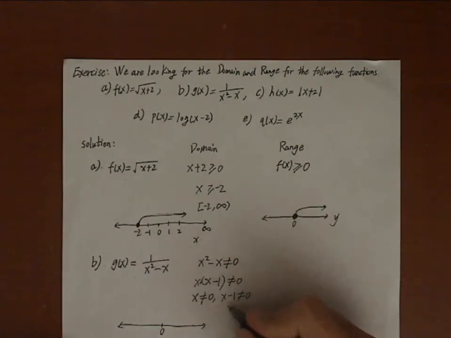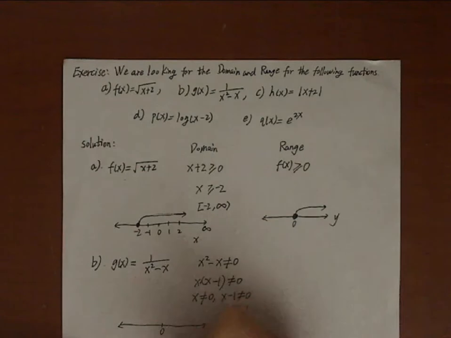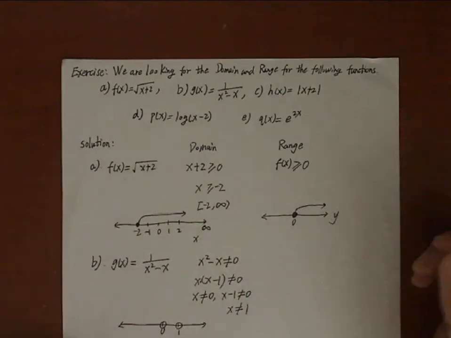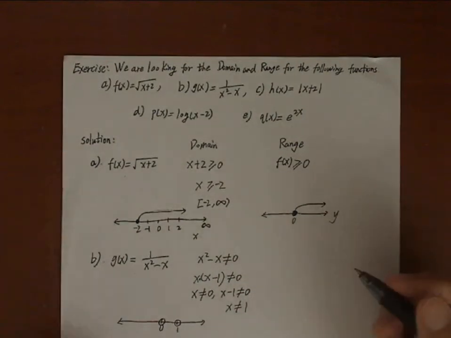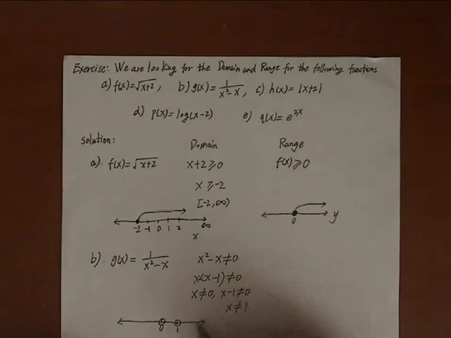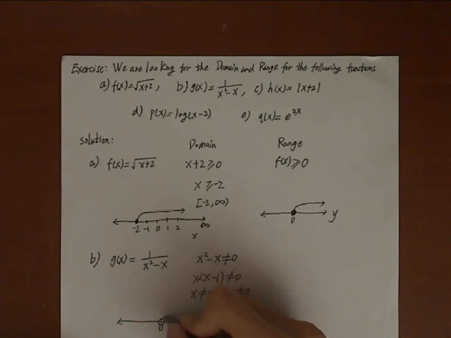If I move the 1 over in x minus 1 not equal to 0, then x is not equal to 1. So 0 and 1 are both open circles, and the domain includes everything else. It's just x is not equal to 0 and x is not equal to 1. So it's like this.